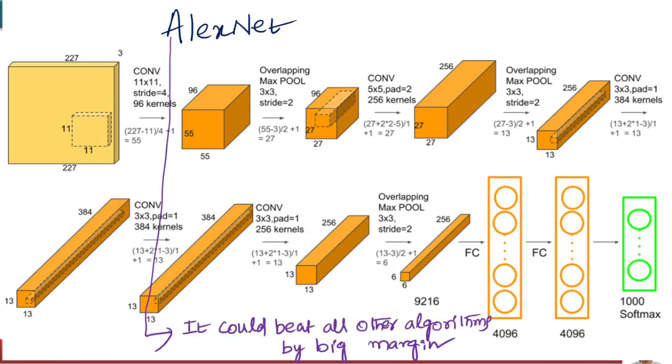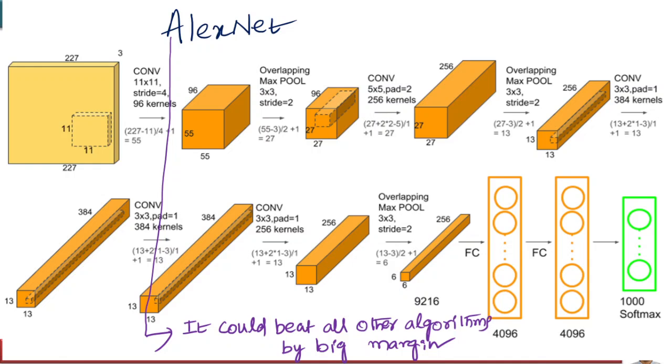It created a huge revolution because, as compared to other existing algorithms, if you use a deep learning architecture, it could beat all other algorithms by a big margin. That's important.